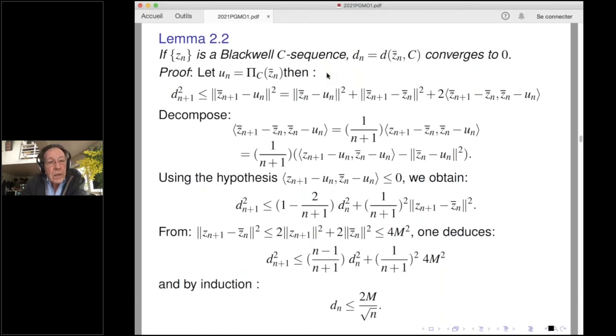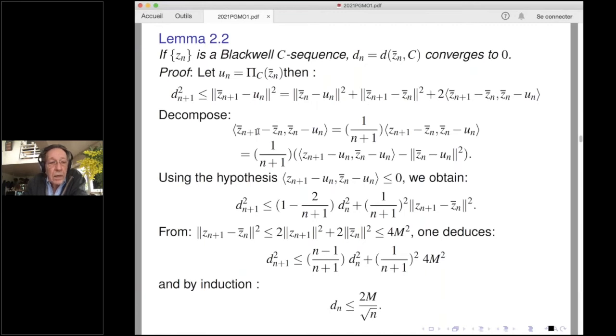I denote by z_n bar the average. I project the average. This is u_n. I look at d_{n+1} squared, which is the distance of the average up to stage n+1. In particular, since u_n is in the set C, because it was a projection of the previous average, the distance here is smaller than this. Here I split, introducing z_n bar.